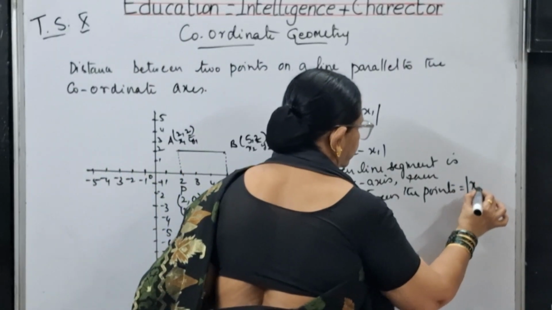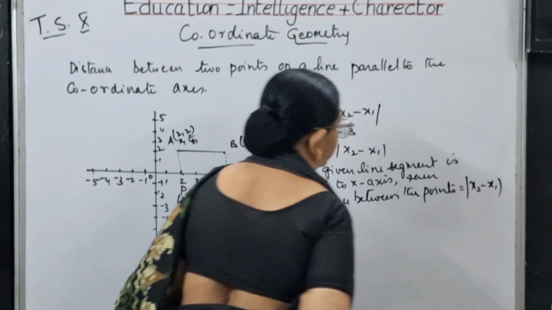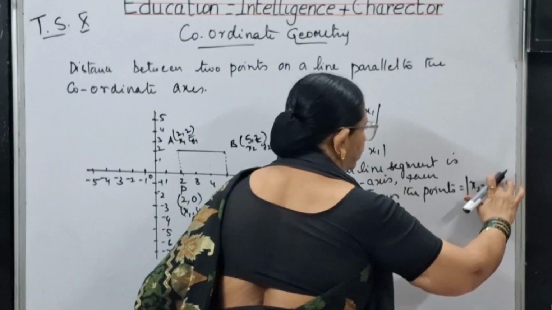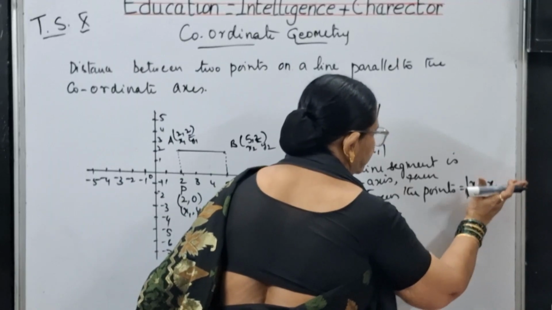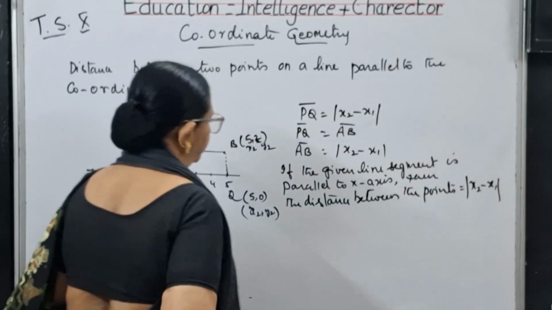Modulus x2 minus x1. This is the formula, children. Modulus x2 minus x1 is the formula.